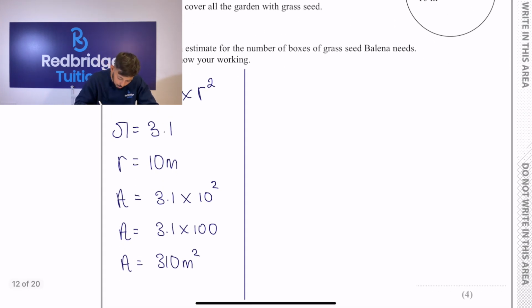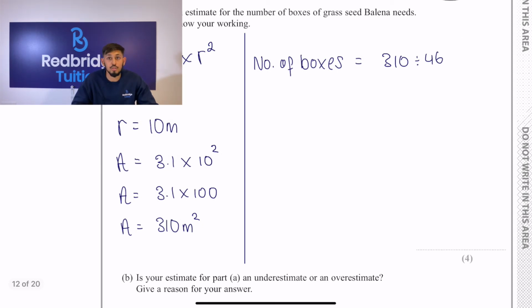So we would have the number of boxes is equal to 310 divided by 46. I'm going to use a bus stop method to work this out. So I've got 46 on the left hand side and 310 in the center. Now 46 times 6 gives me 276 and a remainder of 34.